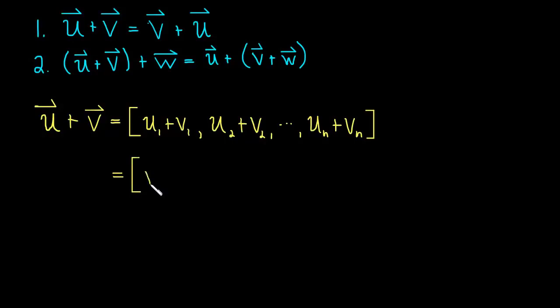So this is the same as v1 plus u1, because those are just real numbers and addition of real numbers is commutative. v2 plus u2, and you keep going till you get to the end, vn plus un. Well, now here, this is the definition of v plus u.